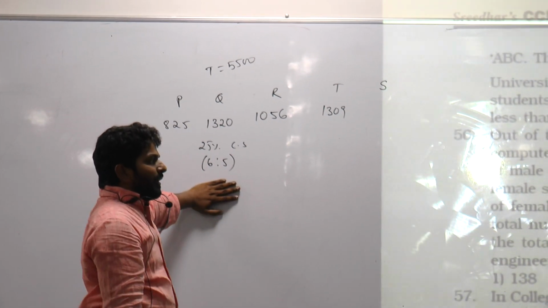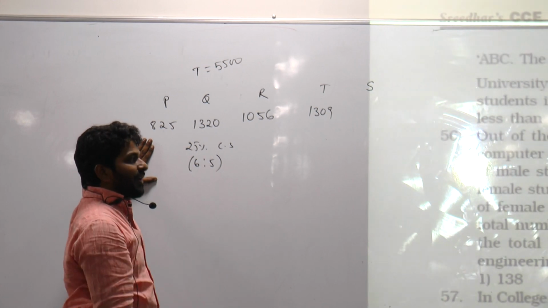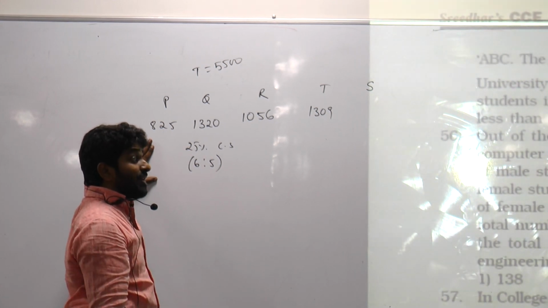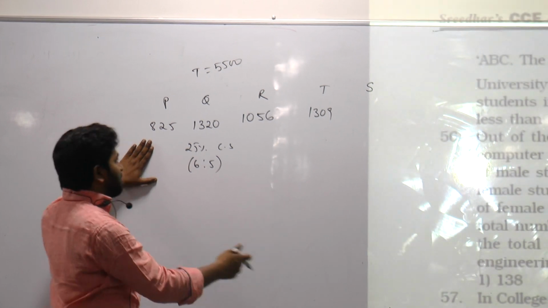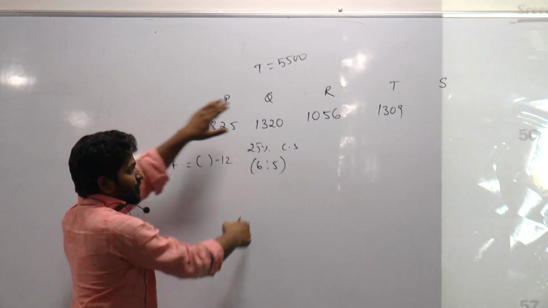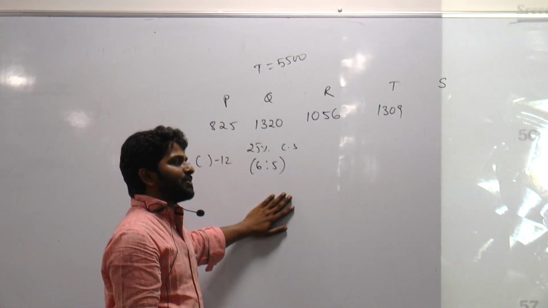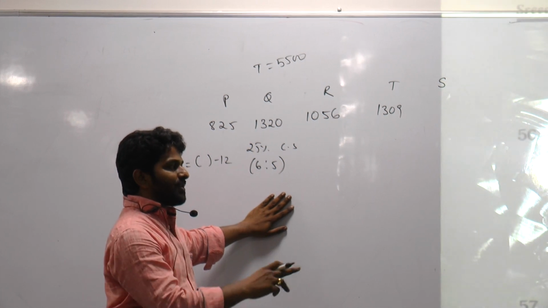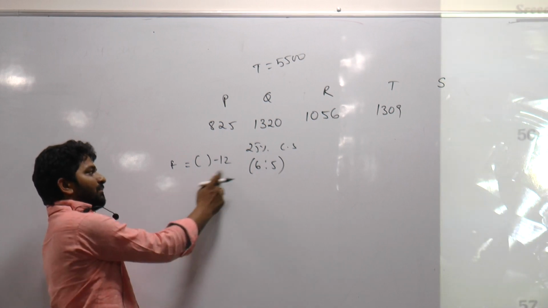Now, if in college P the total number of female students pursuing computer science engineering is 12 less than the total number of female studying in college Q. What is the total number of female students in college P pursuing computer science engineering? Okay, fine. You're asked about this number.